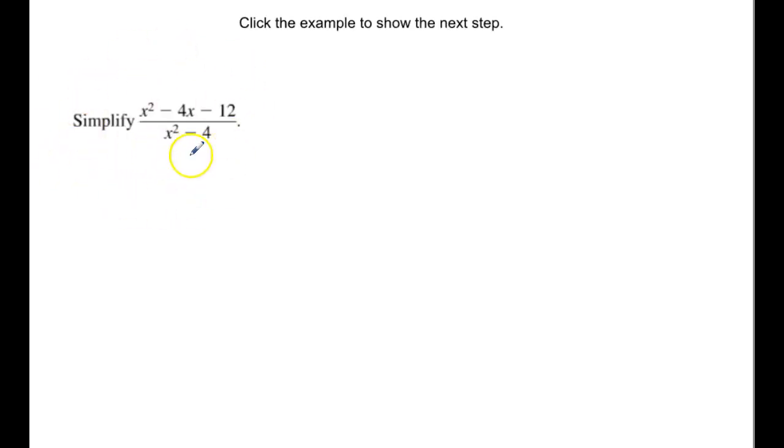So I'm asked to simplify this rational expression. The first thing I want to do is factor. I know that I can factor this numerator, and we're going way back to factoring. My first term is going to be x for both of them. Then all of my possibilities for negative 12: I can multiply 12 times 1, 6 times 2, and 4 times 3.